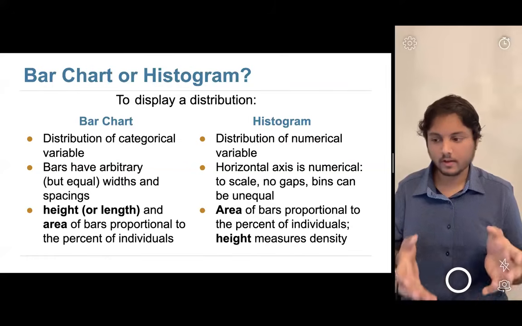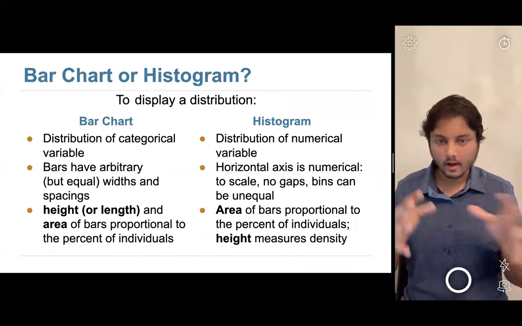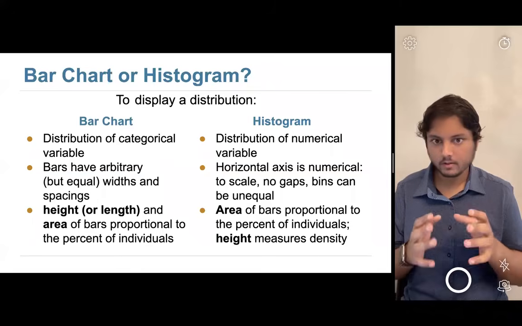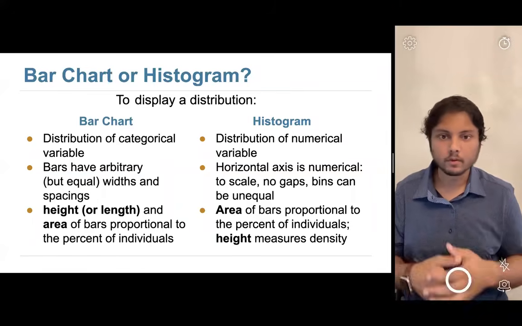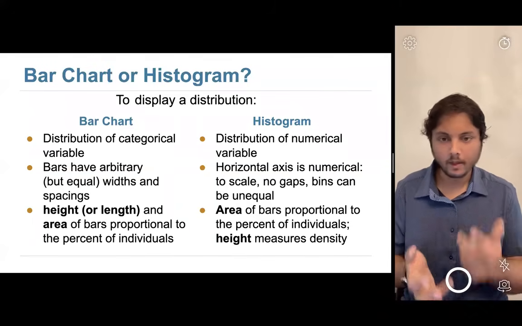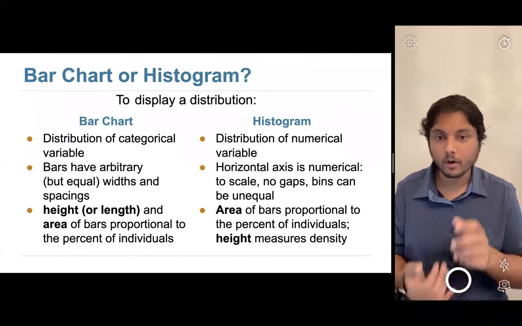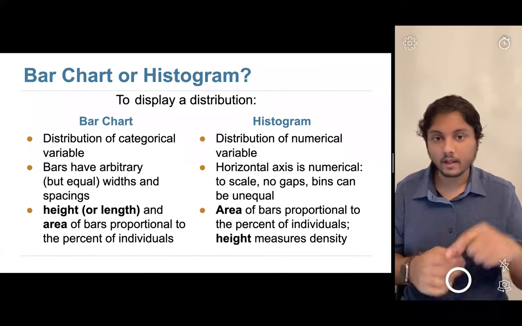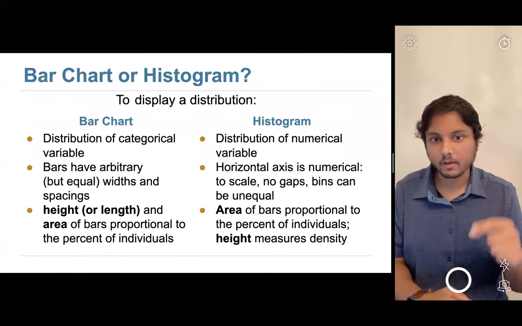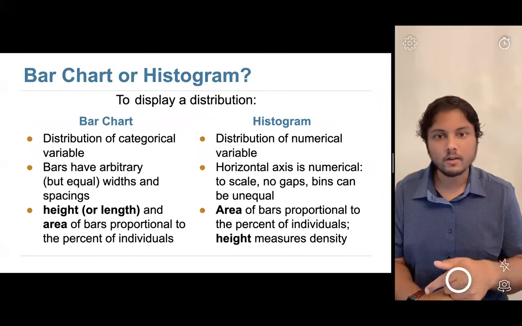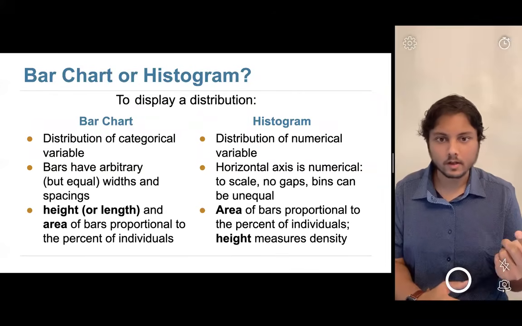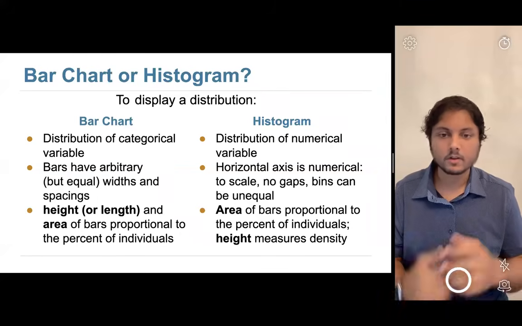So that's one thing that histograms and bar charts have in common: the area of the bars is proportional to the number of people or the percent of people contained in that bar. But the one unique thing about histograms is that the length of it does not measure that. The length of it measures density, whereas in a bar chart, the length is basically the same thing as the area because everything has the same width on all the bars. So that's what's unique about histograms.